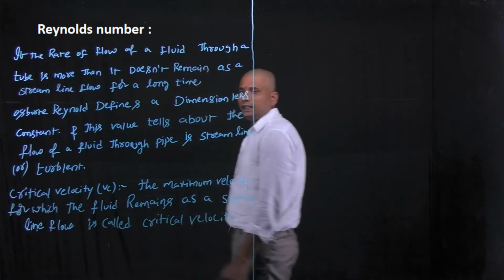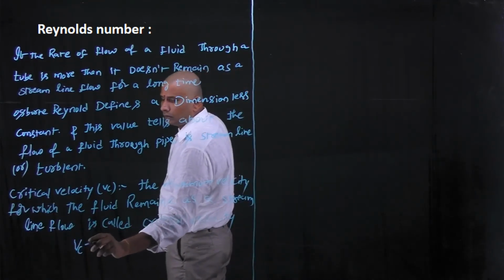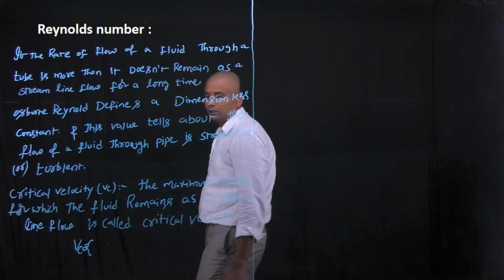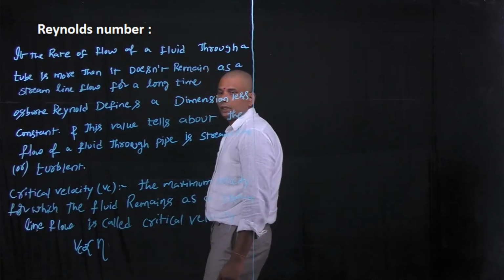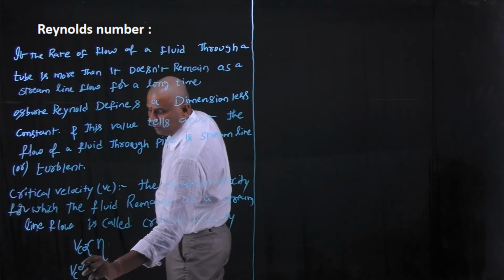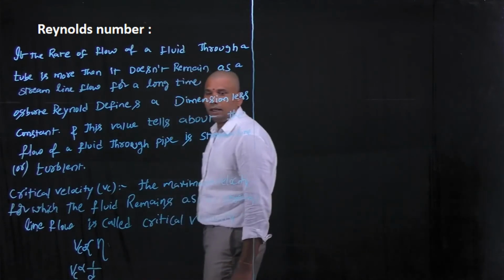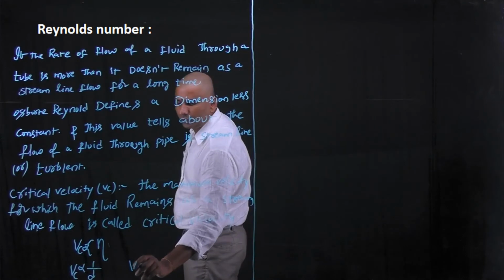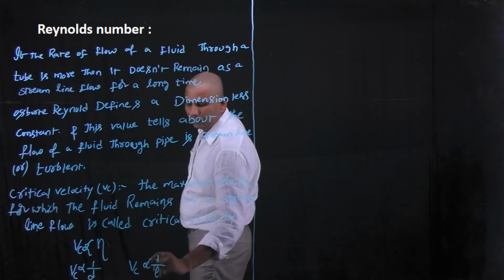And this critical velocity is directly proportional to the coefficient of viscosity of a fluid, inversely proportional to the diameter of the tube, and inversely proportional to the density of the fluid through a pipe.